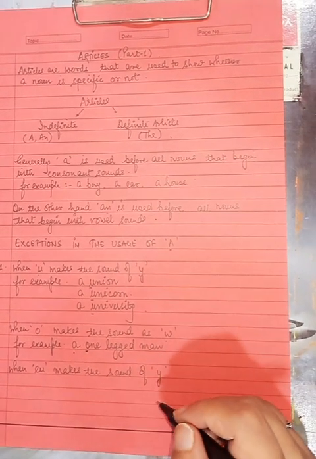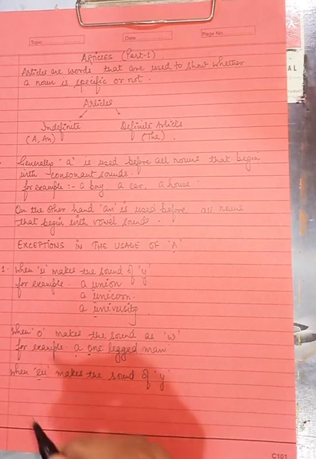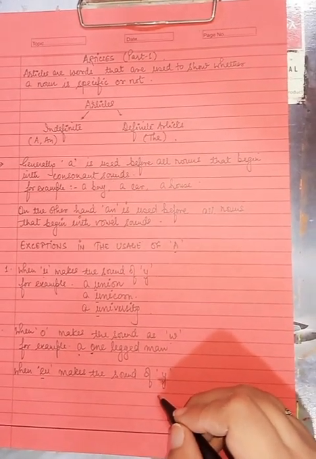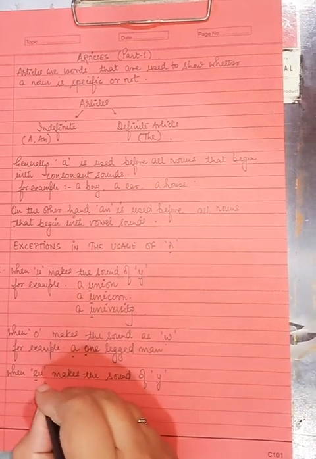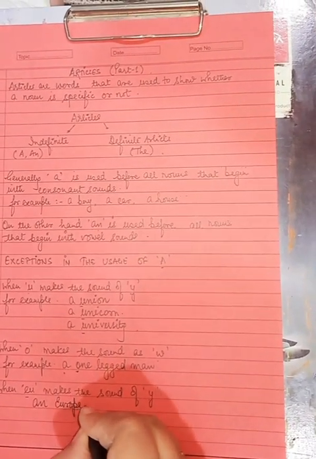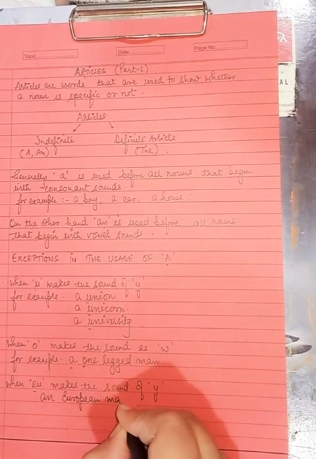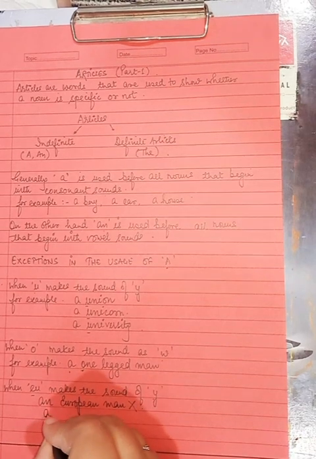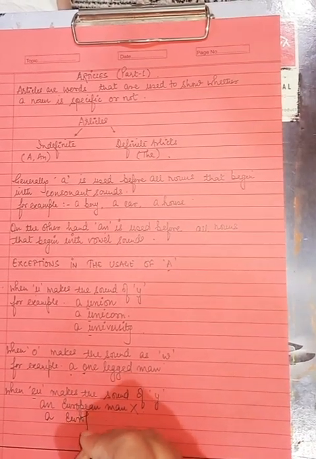The third situation is when EU together makes the sound of a Y rather than the sound of an E, like an European man, is the wrong usage. This is a wrong usage. The correct usage is a European man.